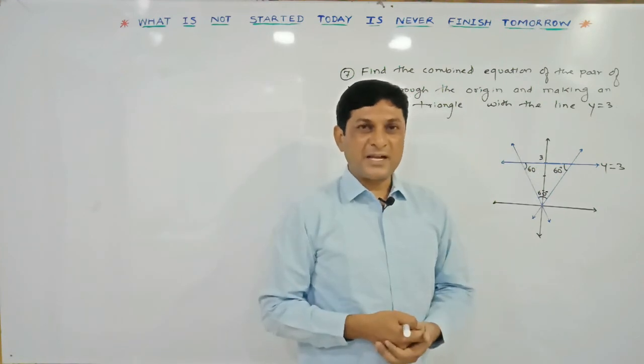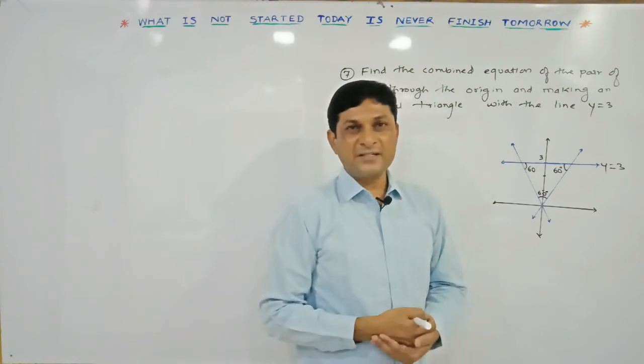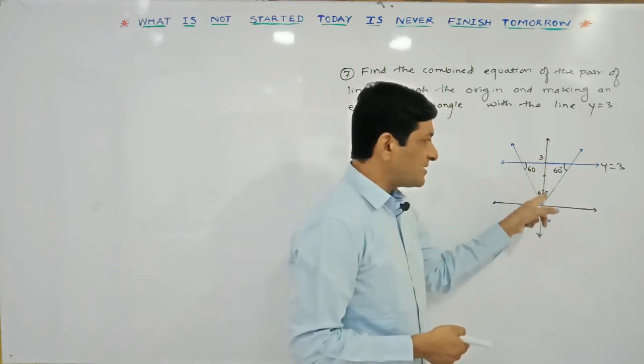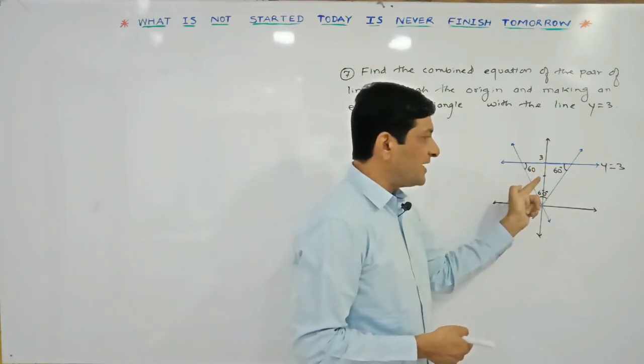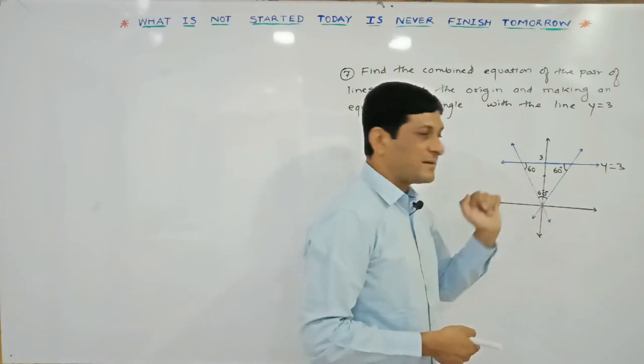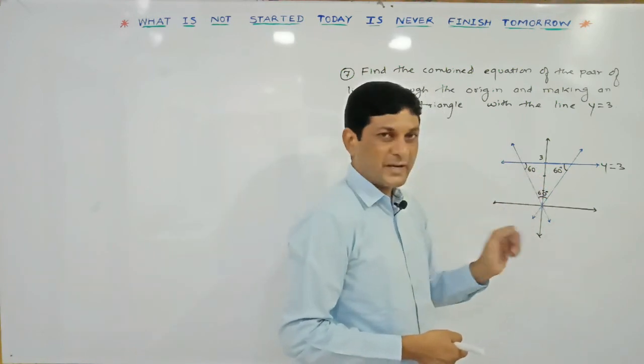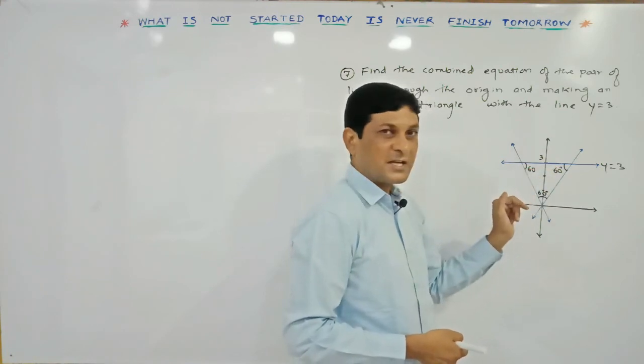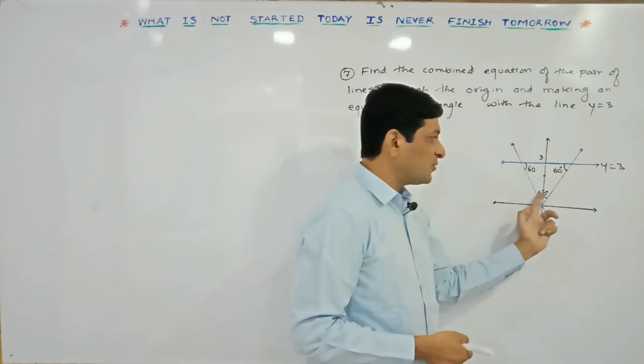Already in our earlier classes, in 9th and 10th standard geometry, we have studied that the altitude of an equilateral triangle divides it into two congruent triangles. If we show that these two triangles are congruent, then each angle is also equal.